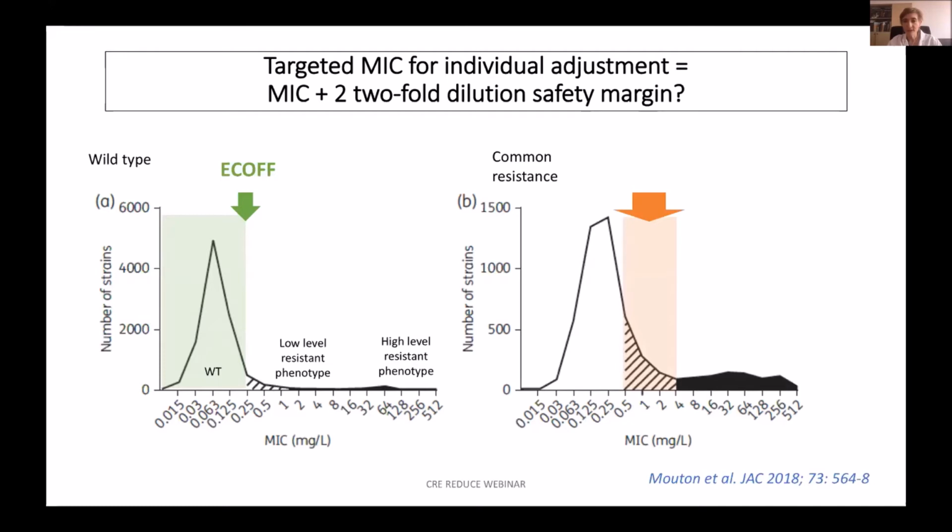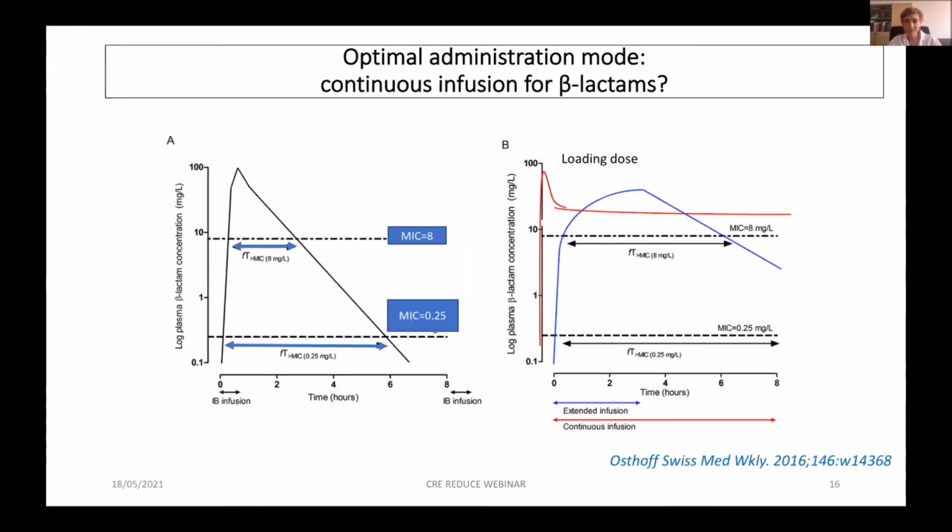When resistance is quite common, we suggest using safety margins of twofold dilutions to take into account the variability observed between and intra-laboratory. So we need to use safety margins, and as we've seen previously, probably different modes of administration to achieve the PK/PD target for beta-lactams.